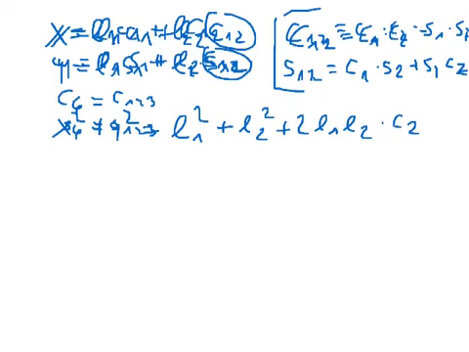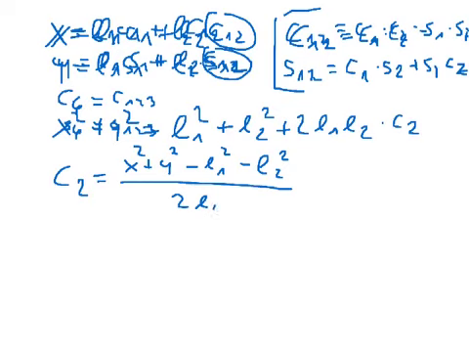And the key here is that now you can solve for cosine of theta 2, which is x squared plus y squared minus L1 squared minus L2 squared, and we divide this by 2 L1 L2.